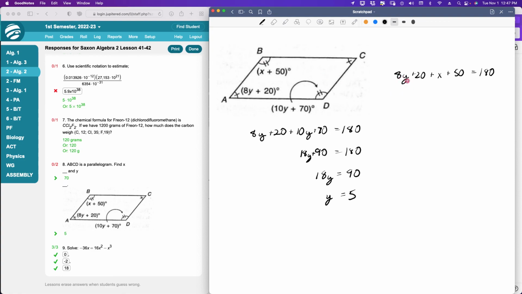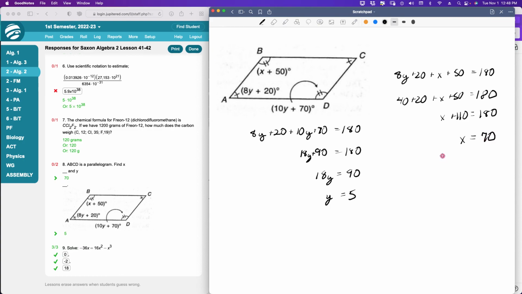So I can say 8 times 5 is 40 plus 20 plus x plus 50 equals 180. So that's going to be 60 plus 50. That's x plus 110 is equal to 180. I subtract 110 from both sides. X is going to be equal to 70.